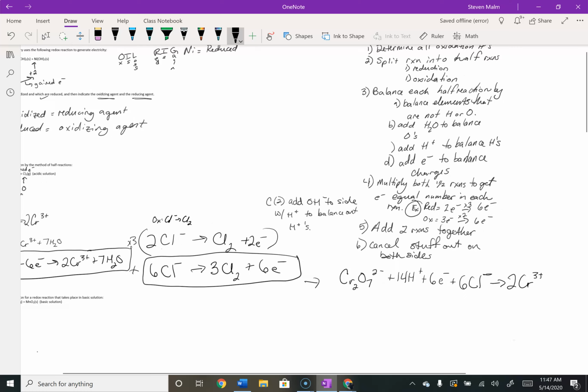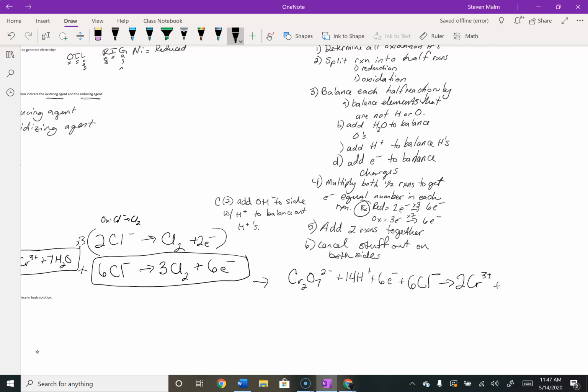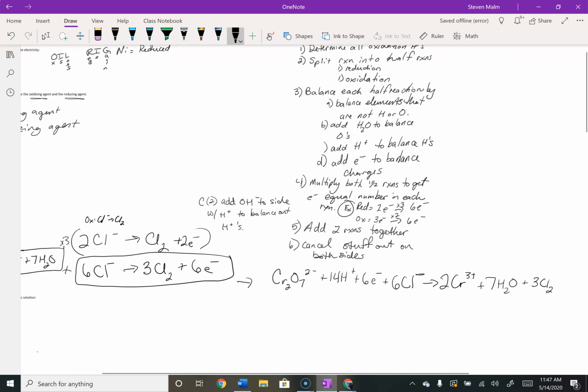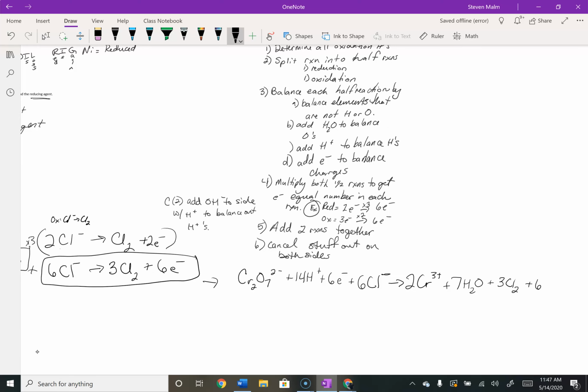You'll notice that of all the redox reactions you've seen in this chapter, none of them have straight up electrons if they're put together as a redox reaction, so a reduction and an oxidation together.